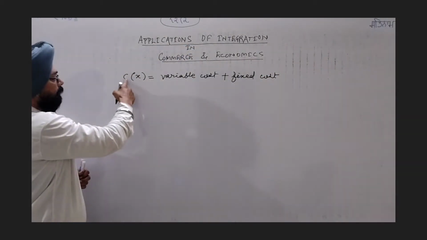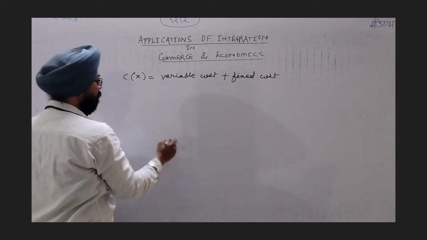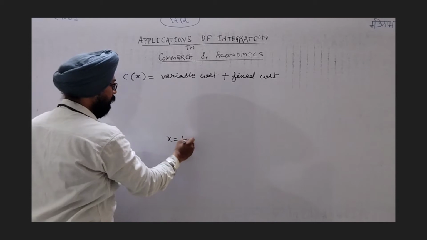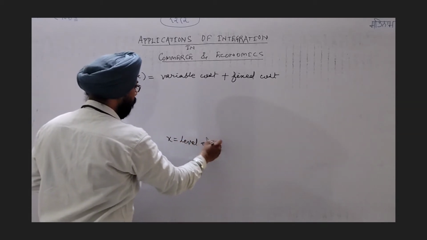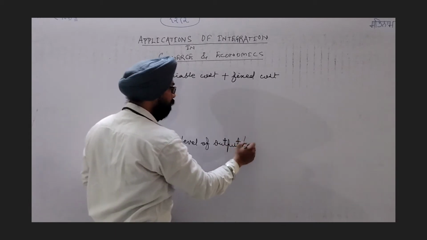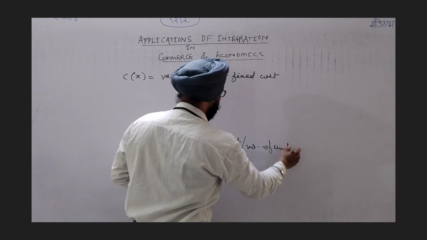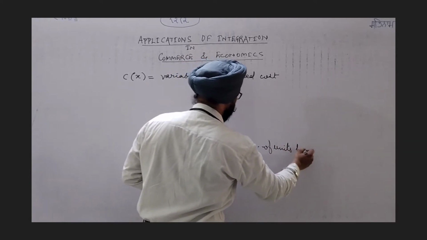Now when I have written C(x), what does it mean? x is every time the level of output or number of units produced.